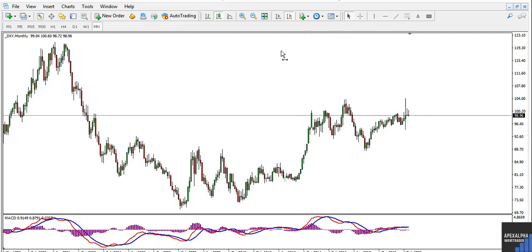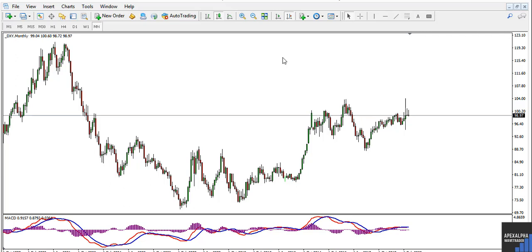I do not use stochastic to trade, but if you are having difficulty locating divergence situations with the MACD, I recommend you put your stochastic indicator on just to teach you how to find them. Once you are used to finding the divergence situations, you don't even need indicators to see them.